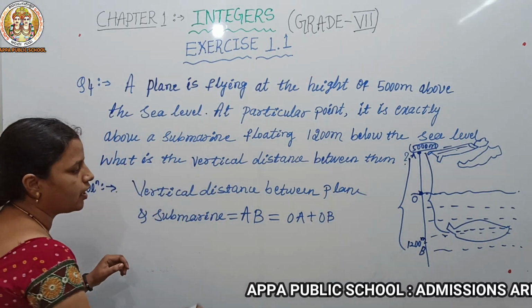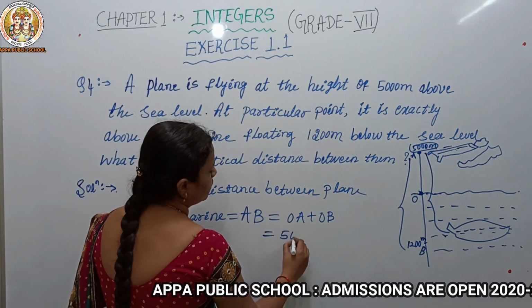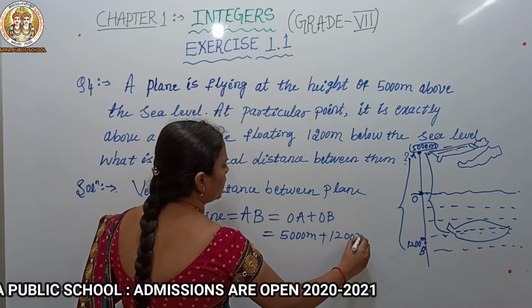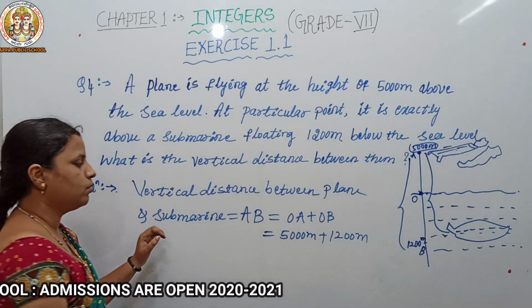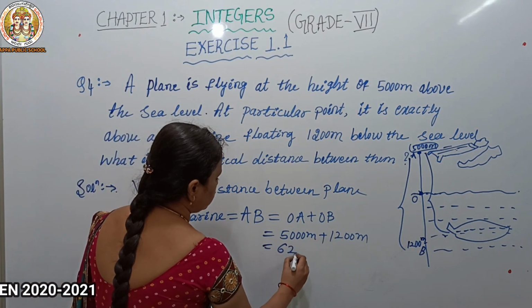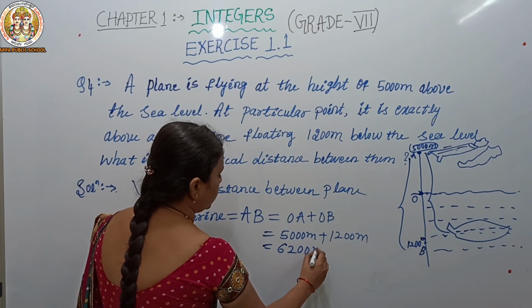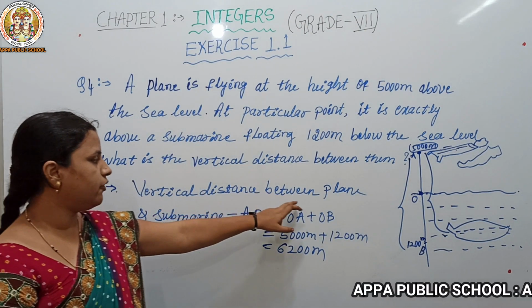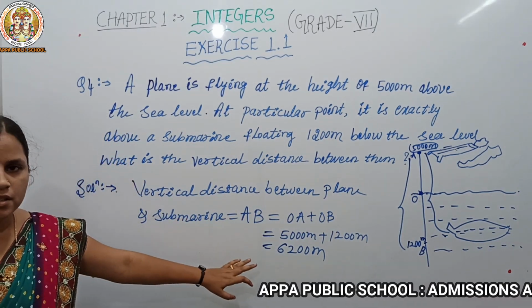The distance of OA here is 5000 meters and OB is 1200 meters. Now add it: 5000 plus 1200 is 6200 meters. So this is the vertical distance between the plane and submarine.